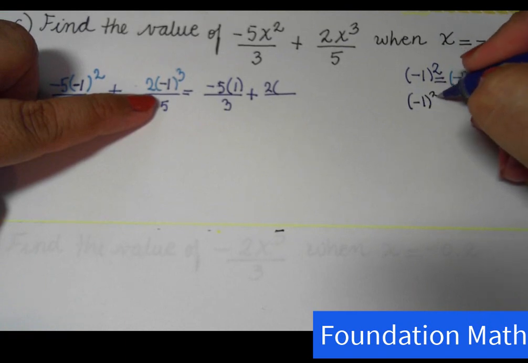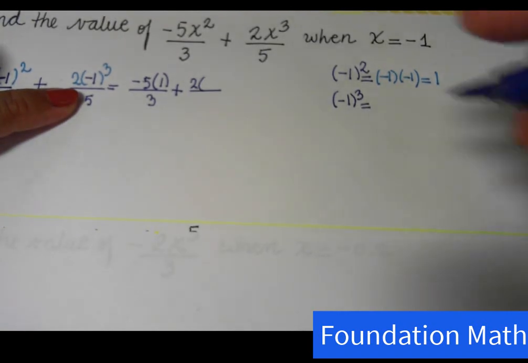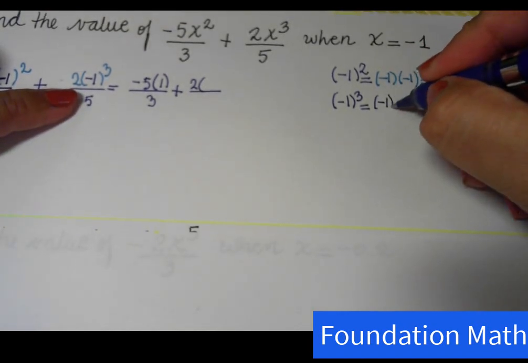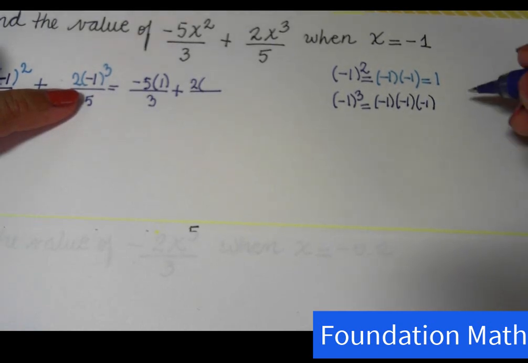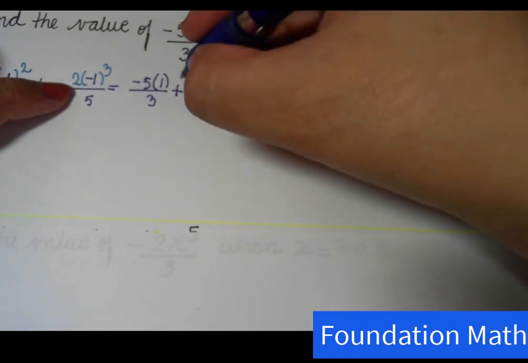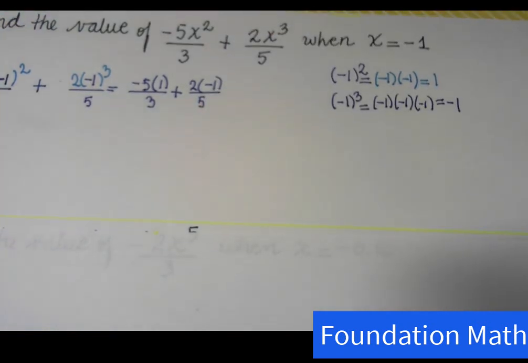Negative 1 cubed is equal to 3 times negative 1. Remember, when you have 3 negatives, your answer should be negative. 1 times 1 times 1 is negative. So the value of negative 1 cubed is negative 1, over 5. Okay?